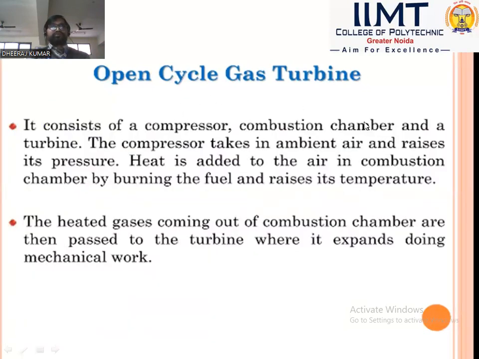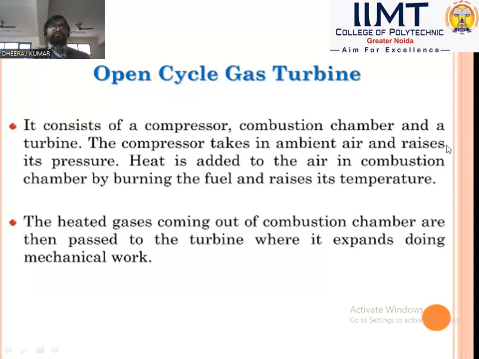The open cycle gas turbine consists of a compressor, combustion chamber, and a turbine. The compressor takes in ambient air and raises its pressure. Heat is added to the air in the combustion chamber by burning the fuel, which raises its temperature.